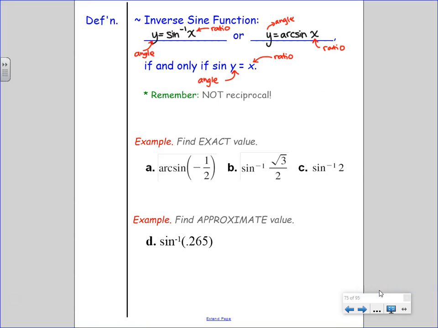You guys saw a couple on Friday. Let's do a couple more. One quick last note. Cosecant equals 1 over sine, which does not equal sine inverse.